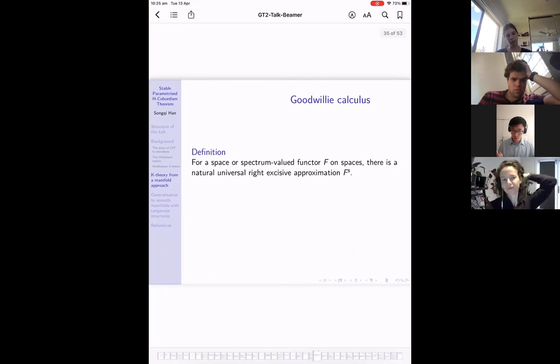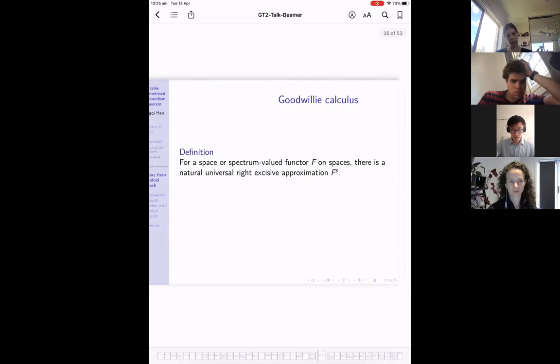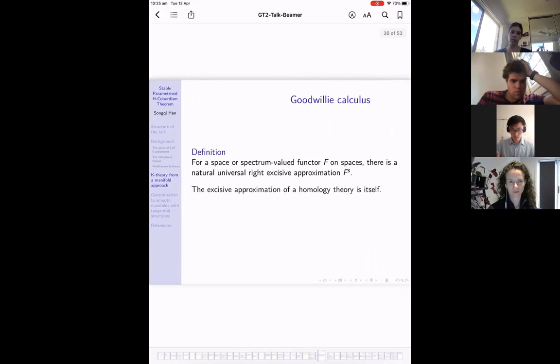So we need to make a digression first, which is we recall the Goodwillie calculus. For a space or spectrum valued functor on spaces, there's a natural universal right excisive approximation denoted by F^s. All we need to know about it are the following facts.